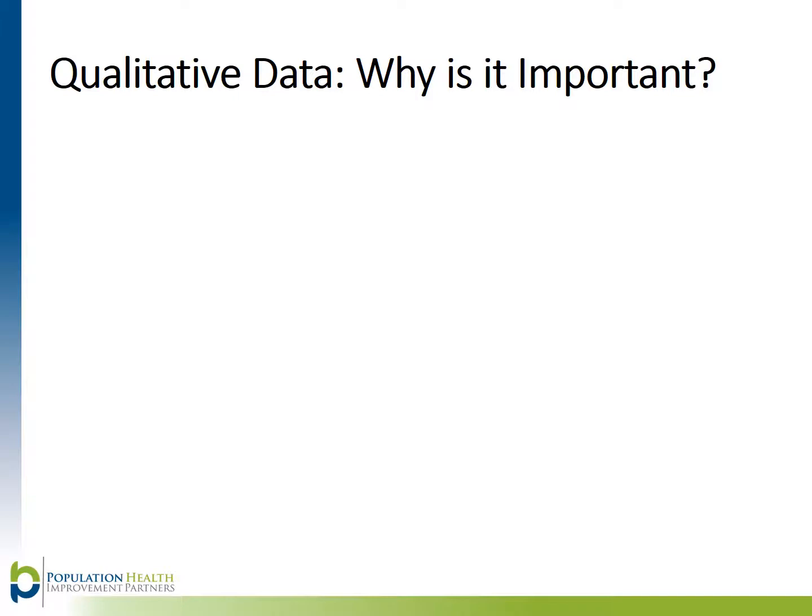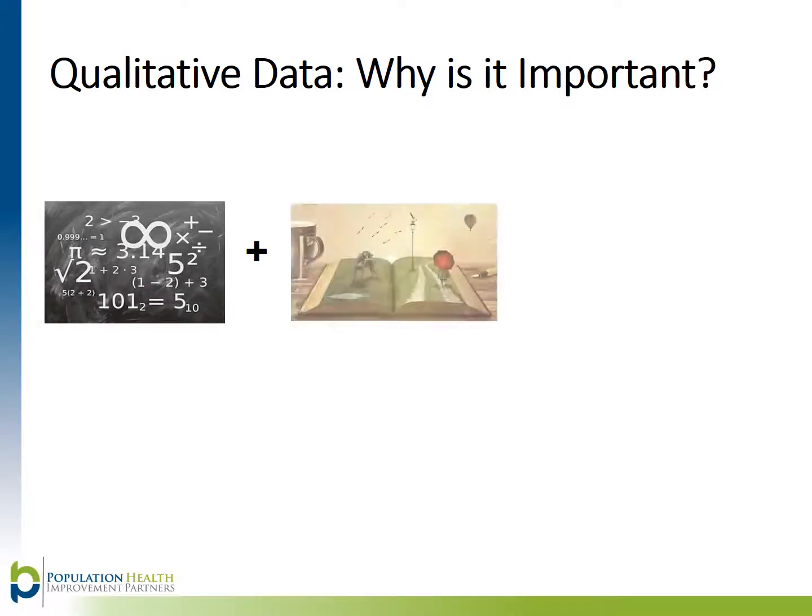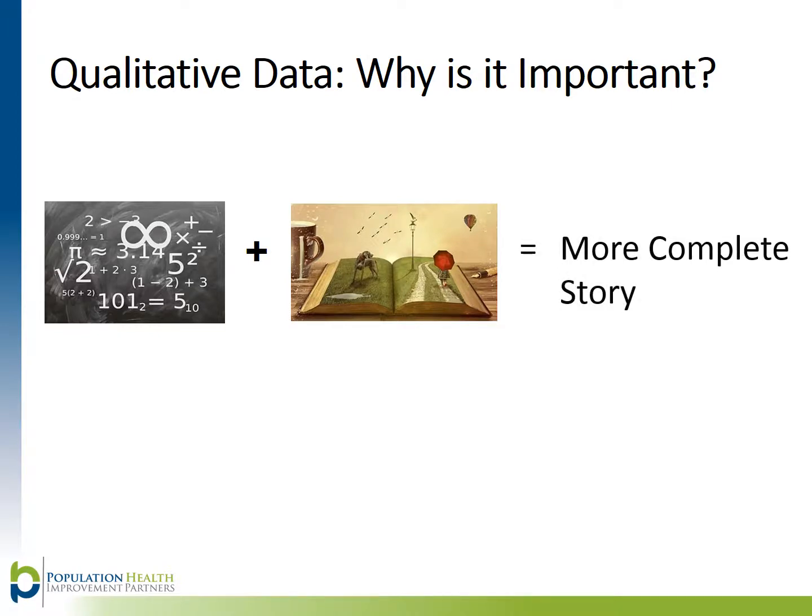Before we get into how to display data, we first need to discuss the two different types of data, quantitative and qualitative data. Both types of data are vital to showing that your project has been successful. Quantitative data, the numbers, is necessary to proving the success of the project and projecting any future success the changes will have.